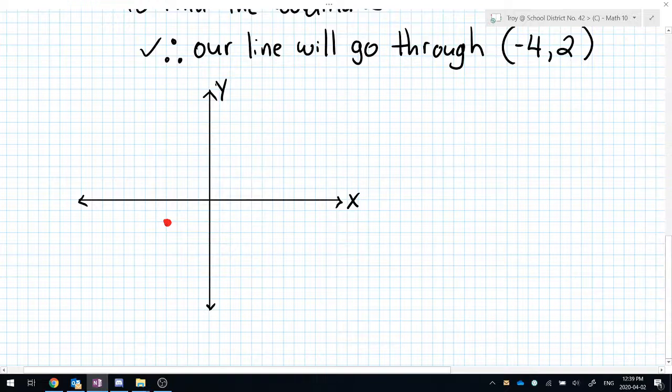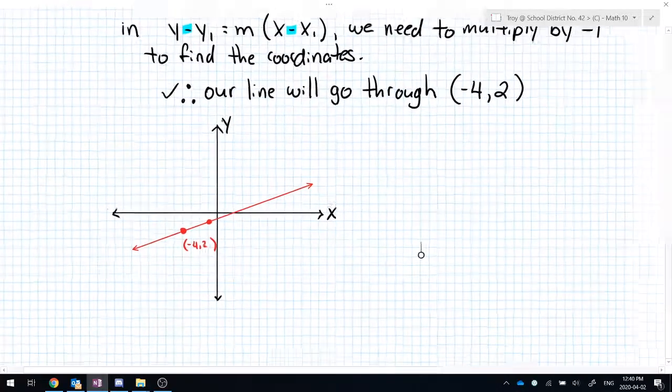And we know it has a slope of 1/3, so we are going to rise 1, run 3. So we know our second point is going to be right there. So we have our 2 points. We know it's linear, and we can connect them with a line. There we go. So that's our straight line.